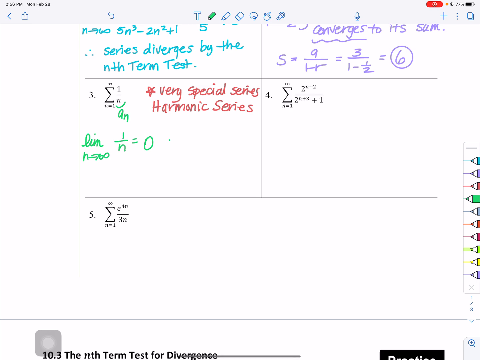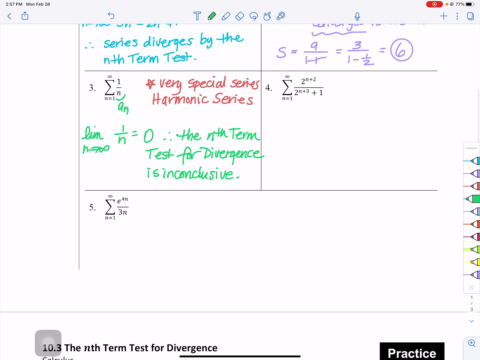Therefore, the nth term test for divergence is inconclusive. So we are going to have to go find another test. So you can just say right now, we don't know if it is convergent or divergent. Moving on to number 4, let's go ahead and see what we have.